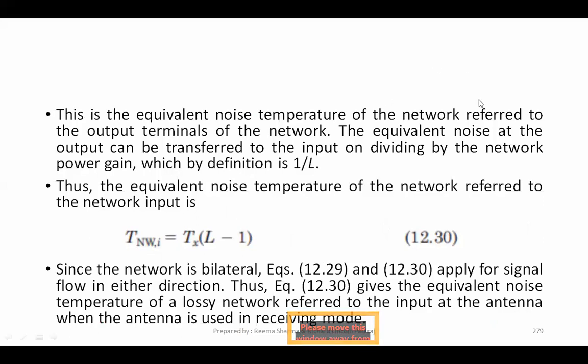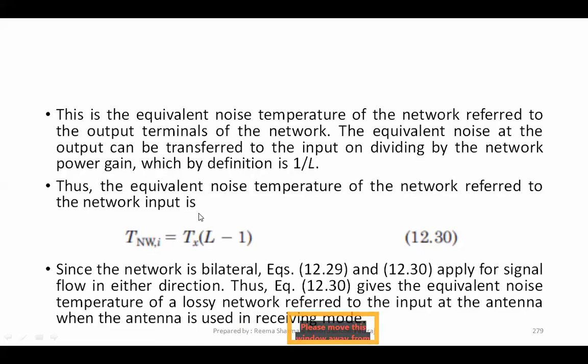The equivalent noise at the output can be transferred to the input on dividing the network with power gain. So the inverse of loss is nothing but your power gain. L is your system loss, and 1 by L becomes your gain, the opposite. Thus, the equivalent noise temperature of the network is referred to the network input.